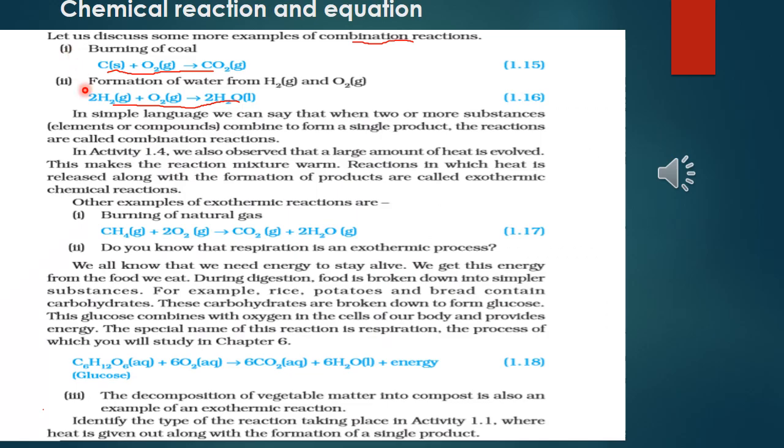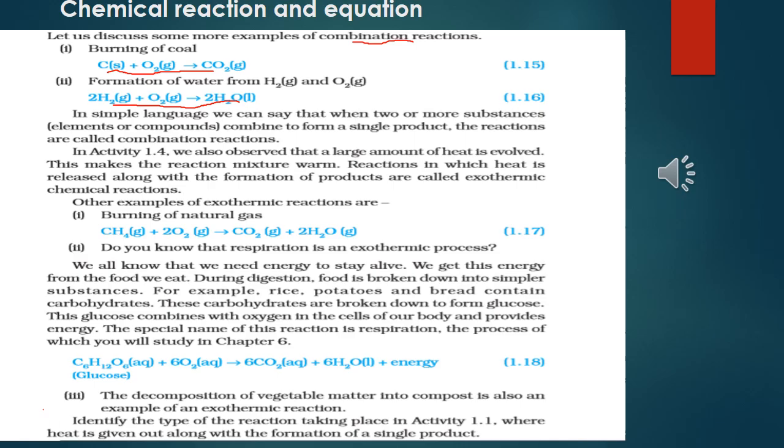Hello student, now let's go back to the combination reaction once more. Again I am recalling: the reaction where two or more reactants combine and form a single product is called combination reaction. Burning of coal: here carbon is burning in the presence of oxygen, two reactants, to form a single product.